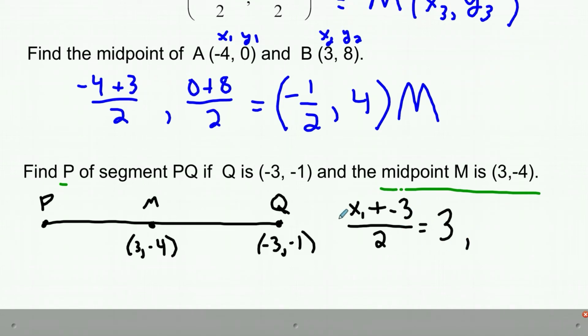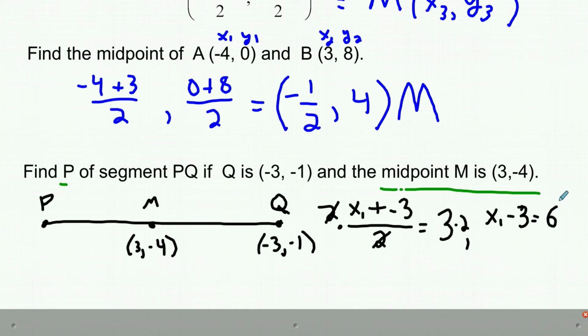So what would we need to do? Well, I need to get this x by itself in order to find what this x value is. And so I need to multiply both sides by 2. When I do that, this crosses out over here, and then I multiply 3 by 2, and I'm left with x1 plus -3, which is x1 minus 3, equals 3 times 2, which is 6. Make sure you're following along with me as I write stuff down.